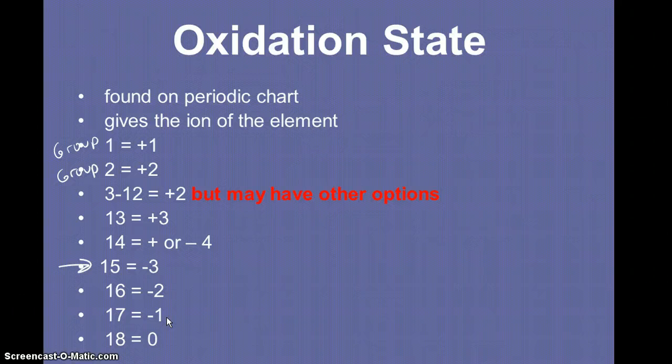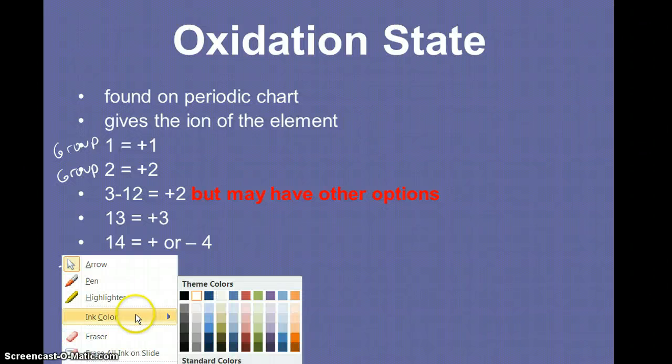So if I were to look at an element, say iron, which is atomic number 26 on your periodic chart, and I asked you, what is the oxidation state of iron? I will always say, go with that top atomic charge.